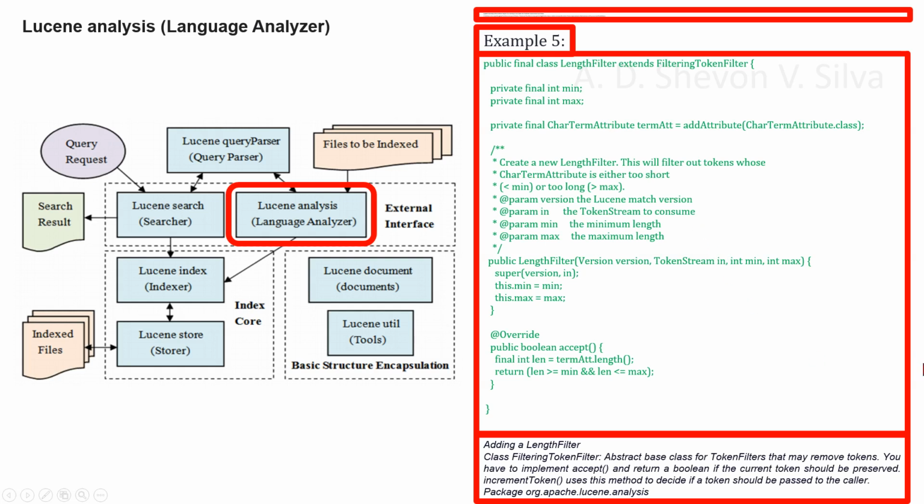The tokens are retrieved from the input stream in the filtering token filter's increment token method, which calls the length filter's accept method. That is not shown here. By looking at the term text in the char term attribute, the length of the term can be determined, and tokens that are either too short or too long are skipped.